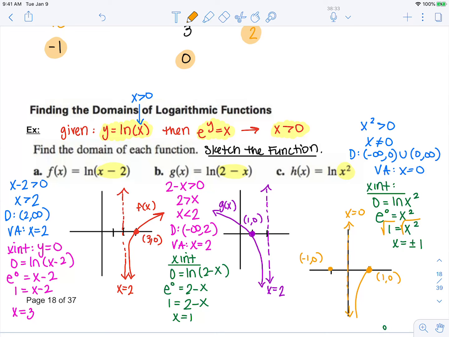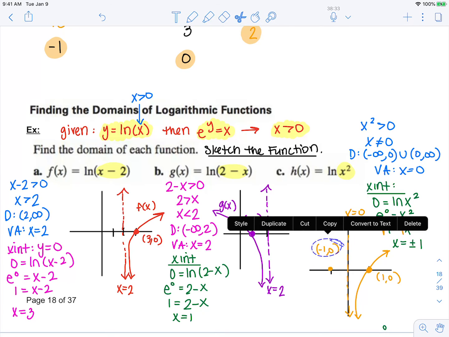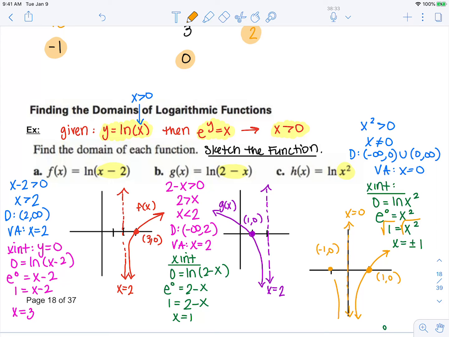Let me do that again. One going through this x-intercept and the other one going through this x-intercept, and this is h of x.